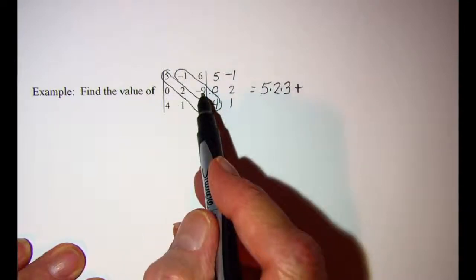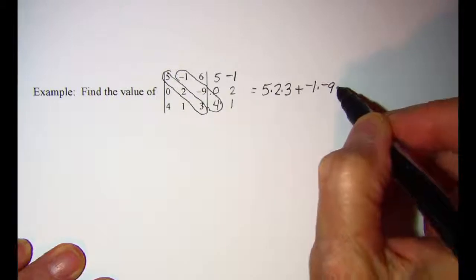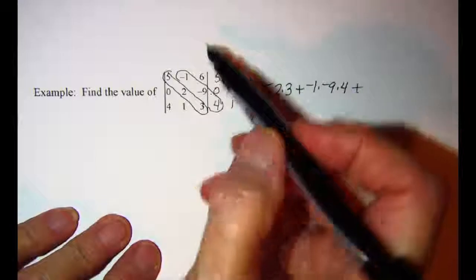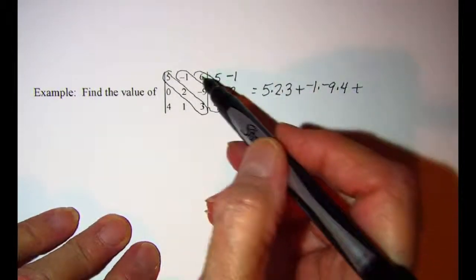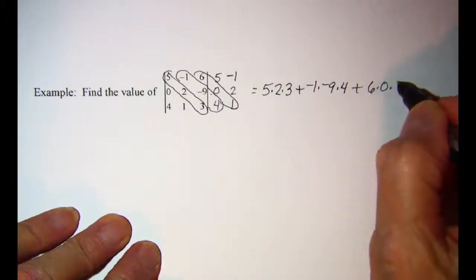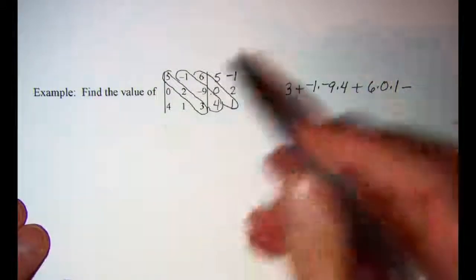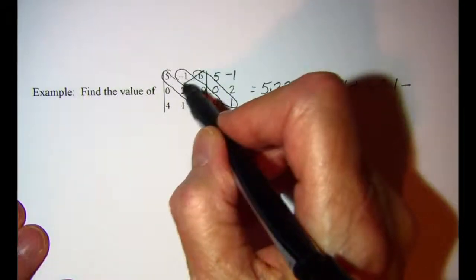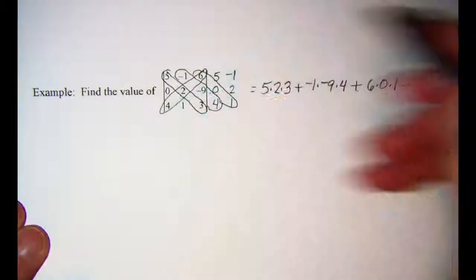negative 1 times negative 9 times 4 plus, and then this diagonal, 6 times 0 times 1. And subtract the diagonals in the other direction, starting up here in this upper right corner. 6 times 2 times 4.